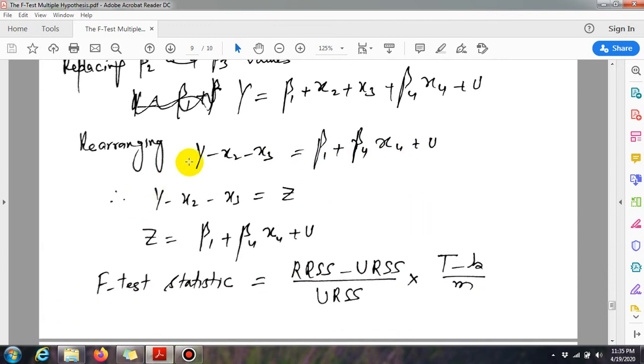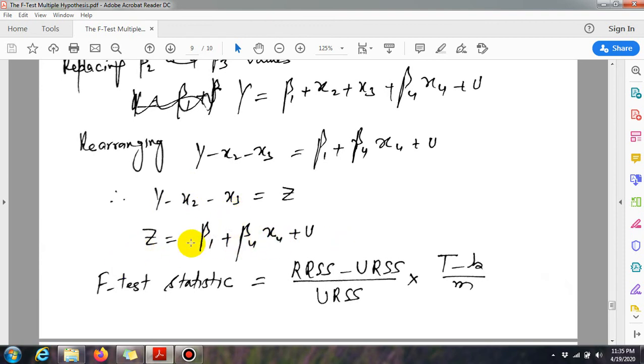This shows that you have to subtract x2 and x3 at the same time from the y series and then name this series with a new variable z. So here we have the dependent variable z is equal to beta 1 plus beta 4 x4 plus u. Here we have one independent variable x4, and z is the combination of y, x2 and x3.